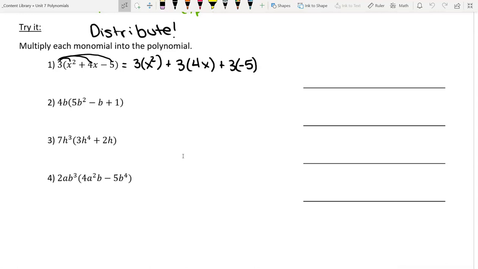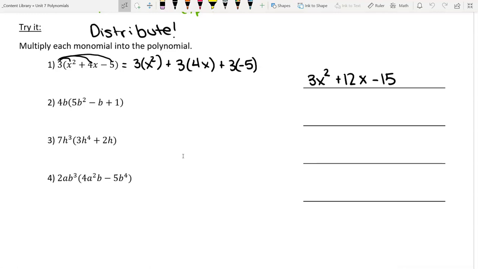So 3 times x squared is literally just 3x squared. Nothing really changes with that. 3 times 4x is 12x. You just multiply the coefficients because it's multiplication. And then 3 times negative 5 is negative 15, so you would just put minus 15. Do not put plus minus, you will get that wrong in Go Formative, okay?